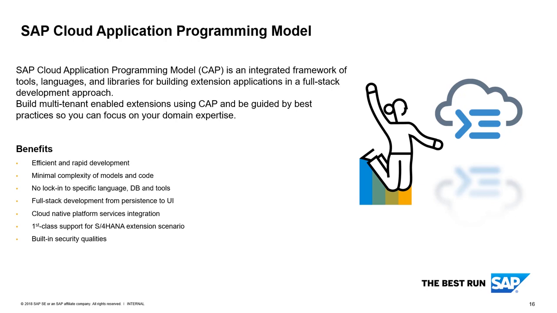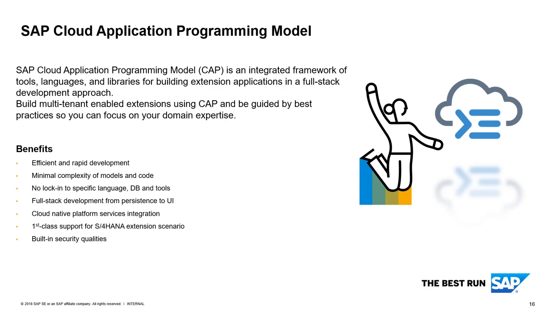The SAP Cloud Application Programming Model is designed for business developers. The Cloud Application Programming Model is an opinionated programming model, which means that SAP provides a recommendation for developing on SAP Cloud Platform.